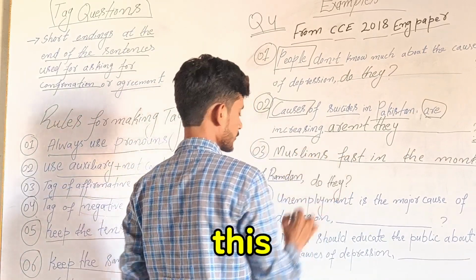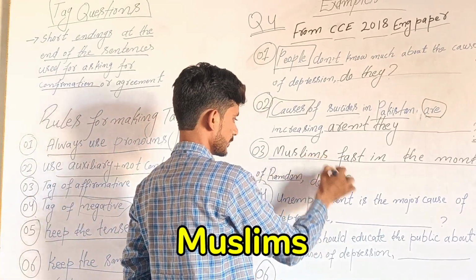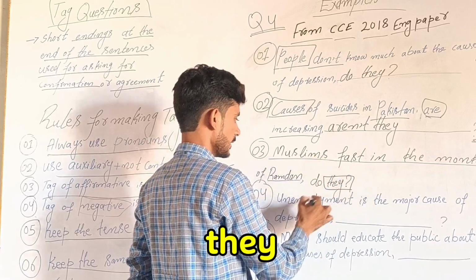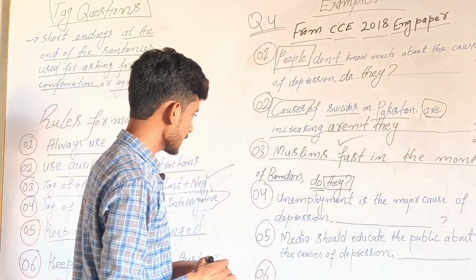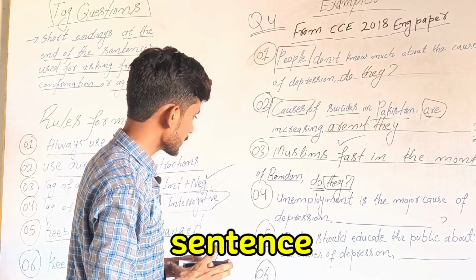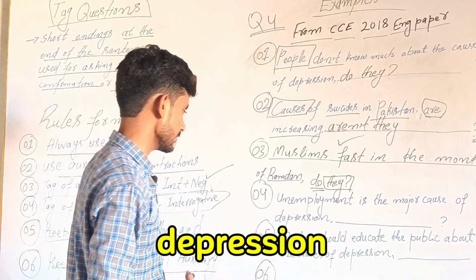So the tag for this question, which is already given, is do they. For Muslims we have to use they, and we have the do here, so we have to use the present simple tense.